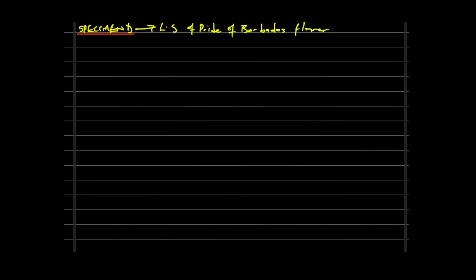So the specimen D that we're talking about now is the longitudinal section of the ovary of the Pride of Barbados. Let me quickly correct this so we don't get it wrong.